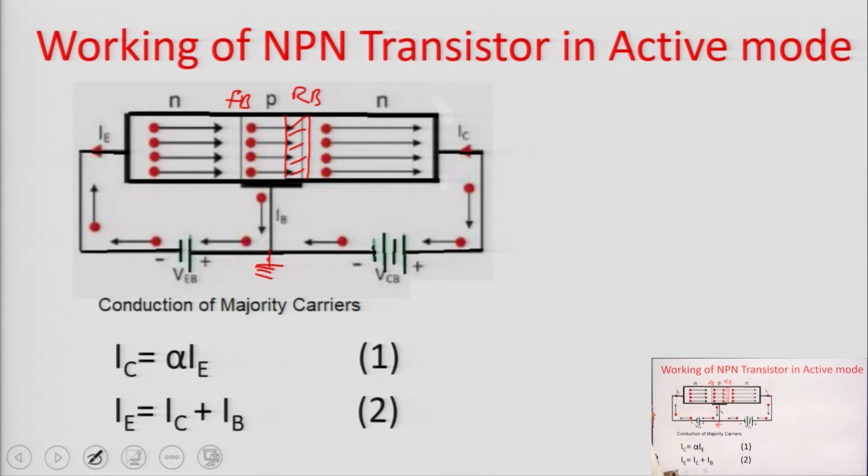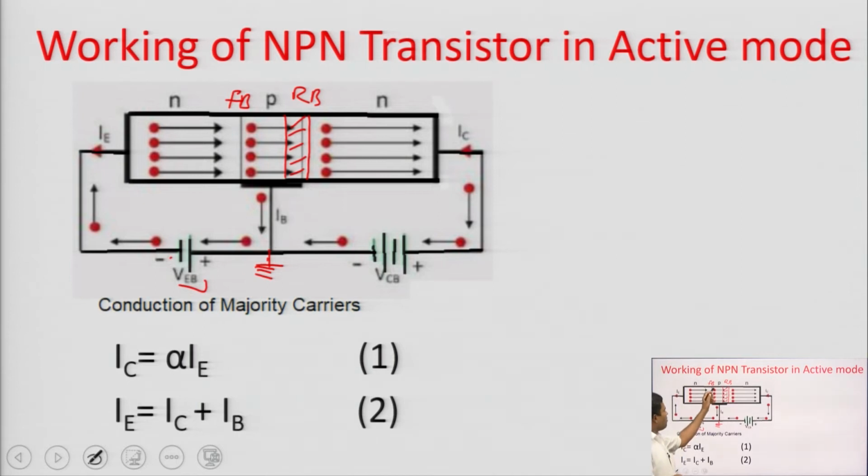Now, what will happen here? The negative plate of this battery repels the electrons of the N-type emitter layer towards the base. This will constitute the emitter current IE.